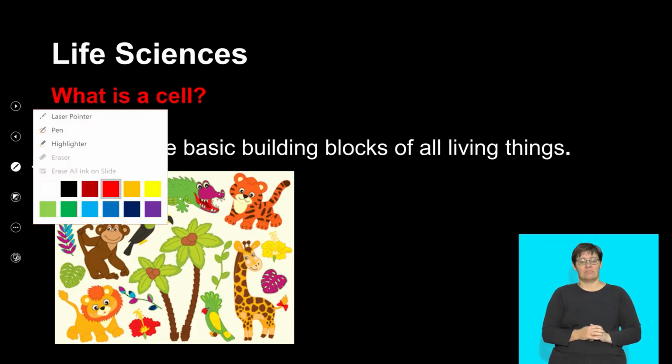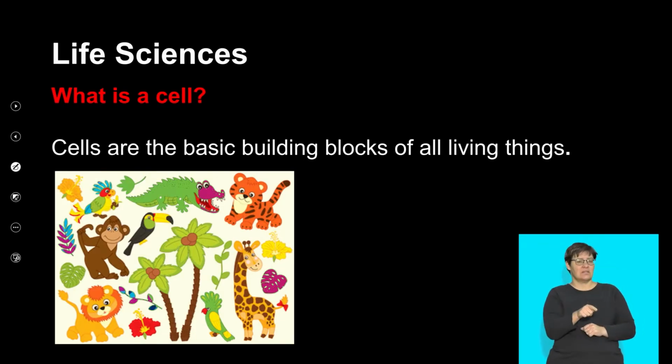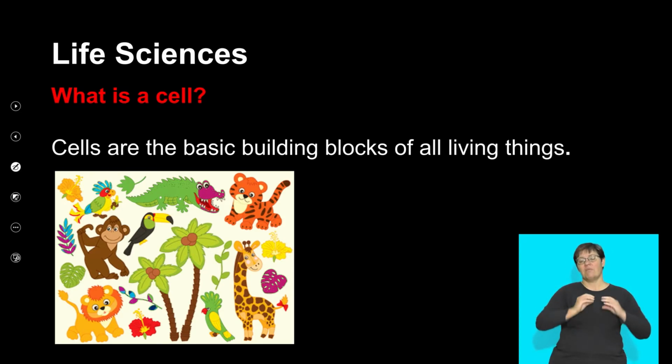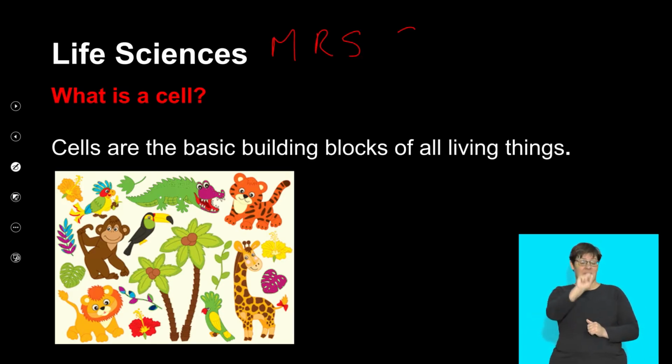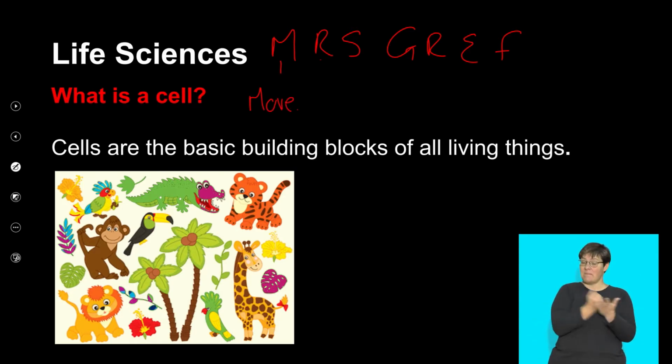Now, when we look at what a cell is, when we look at all living things, I always teach my grades a little acronym, and it's called MRS GREN. It means that all living things must be able to move, do cellular respiration, and they must be sensitive.